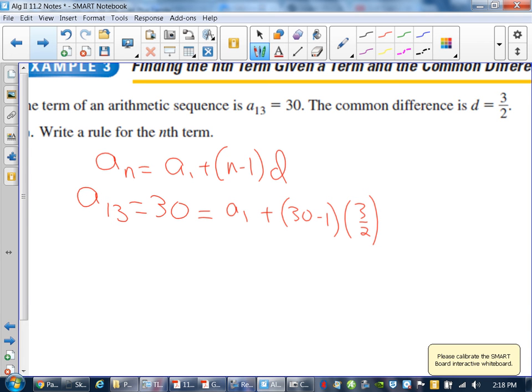So then it's just a matter of substitution and subtraction and stuff. Then I'll give you your first term. So use your calculator, you're gonna get 30 is the first term plus 29 times 3 over 2, whatever that is. What do you get for your first term?